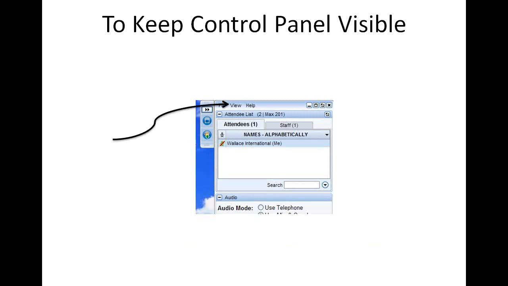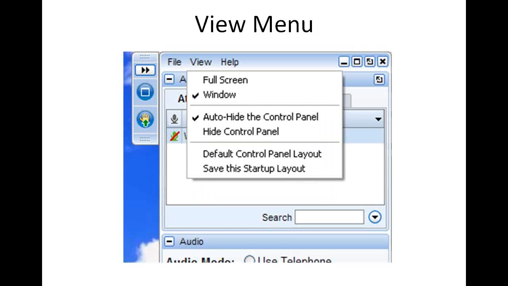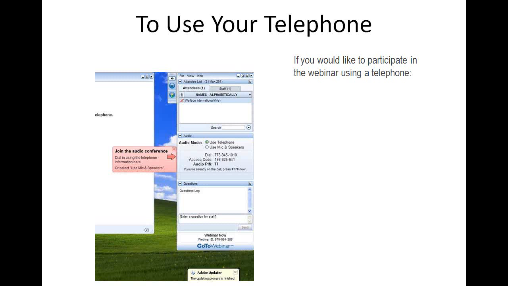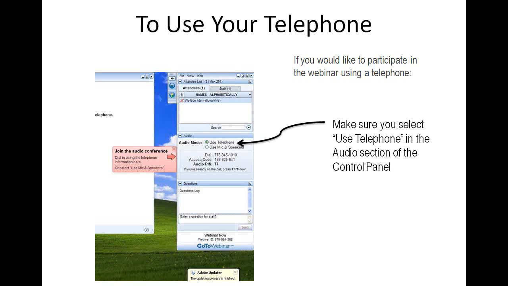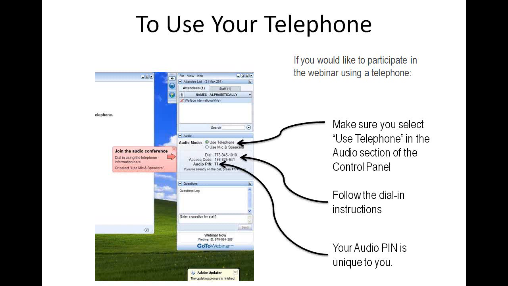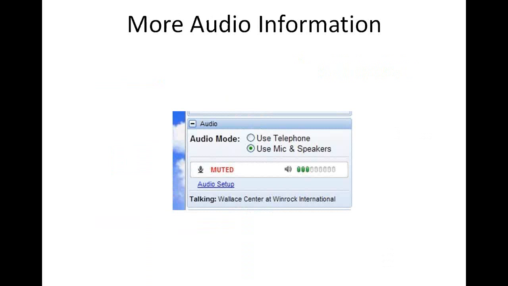To keep it visible, go to the View menu here and select Auto Hide the Control Panel. If you're calling in, make sure you select the audio mode for Use Telephone. Here's the dial-in instructions with the access code you'll be prompted for, and that audio pin is yours and yours alone. So that'll be there for you too.